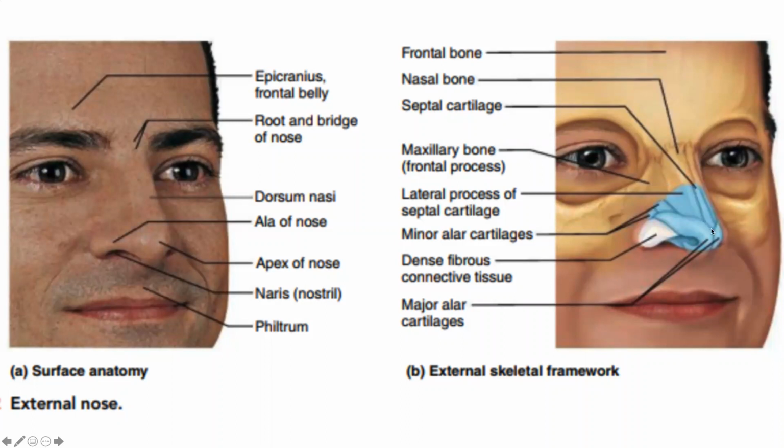If you look at the cartilage portion, the major alar cartilage, that is hyaline cartilage. But this here, which is called in anatomical terms the ala of the nose, colored with white, is made of dense fibrous connective tissue. And this major alar cartilage is made of hyaline cartilage.